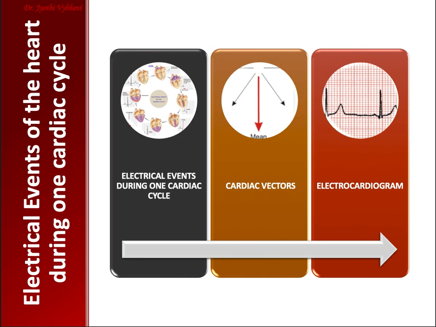And once you learn that, then we'll see how these cardiac vectors are translated into the electrocardiogram, how they are represented as waves, intervals, segments, all that. This is how you have to learn ECG in three phases.